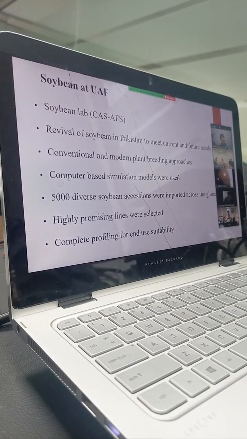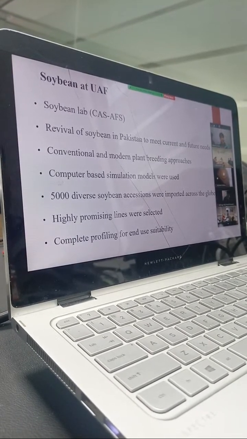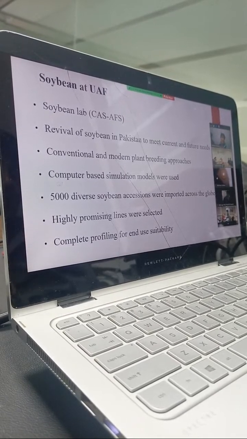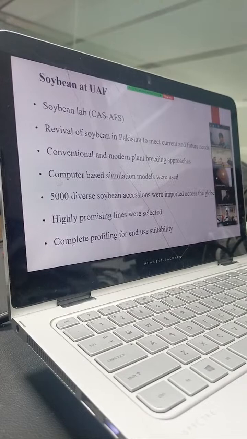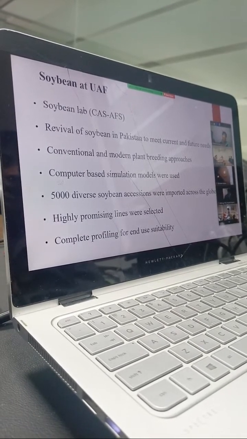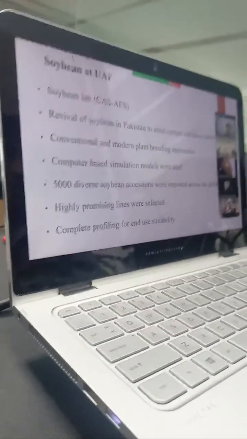In collaboration with UC Davis and the United States Department of Agriculture, we used a computer-based simulation model, and we mapped whole Pakistan into different areas based on climate and temperature ranges. And from the USDA collection, we selected almost 5,000 diverse soybean accessions.